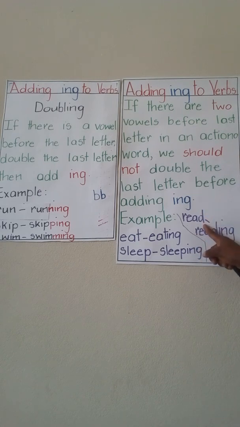Here is another one. Read. How many vowels are before the last letter? Two vowels, E and A. So because there are two vowels before the D, we do not double the D, we just add ing.